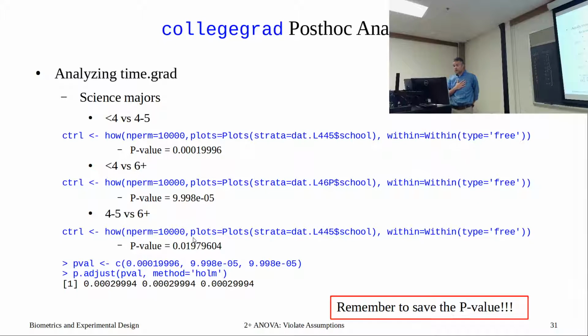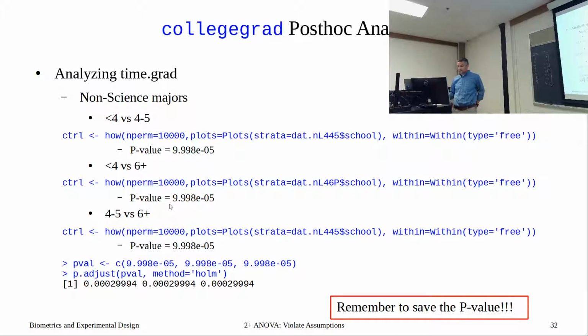This was for our comparison of less than 4 versus 4 to 5. For less than 4 and 6 plus, I got this. For 4 to 5 versus 6 plus, I get this. Those are our p-values. We have to adjust them to account for inflated type 1 errors. What we get is that they're all different, right? So time to graduation does vary based on our science majors.